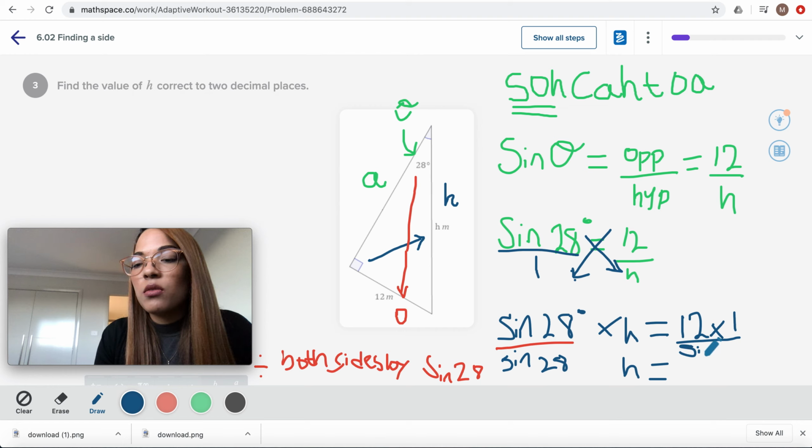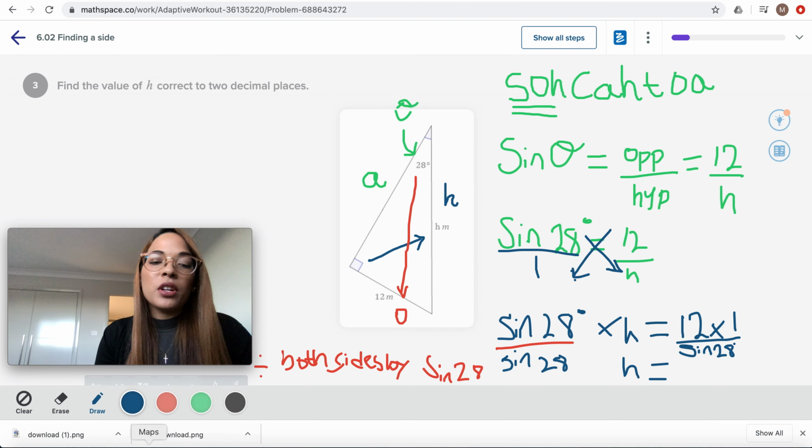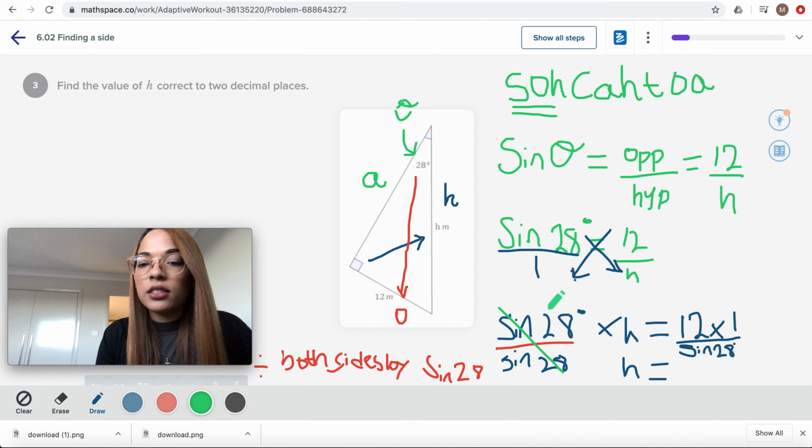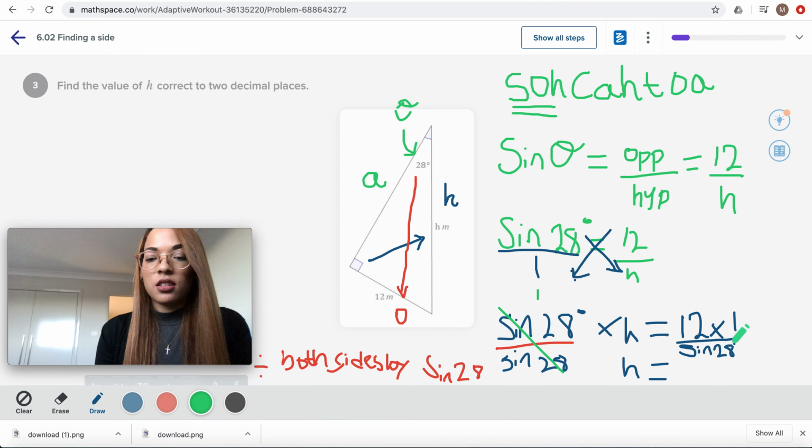Remember, whatever I choose to do on one side, I have to do it on the other side. On the left hand side, I chose to divide by sine 28 so that I can cancel them out and get 1. And 1 times h is h. Now, on your calculator, you will enter 12 divided by sine 28.